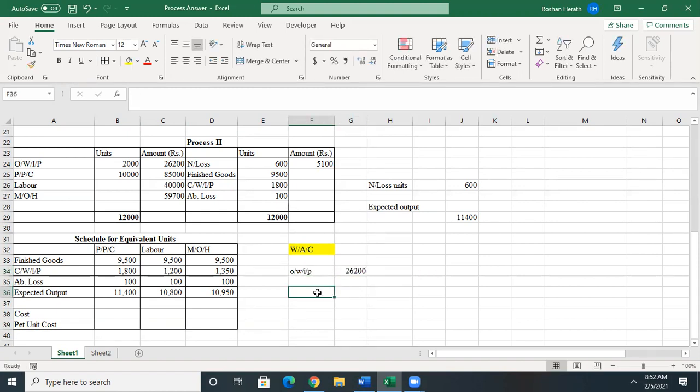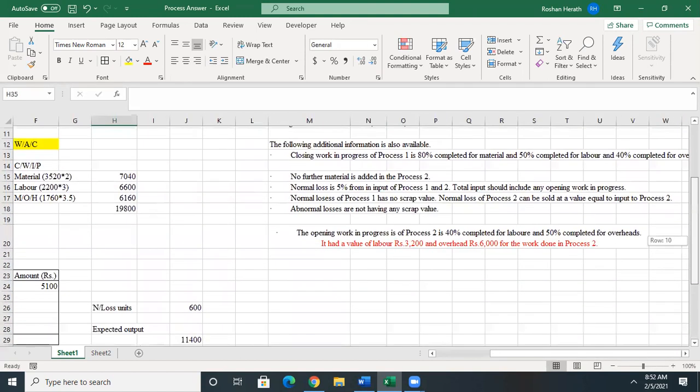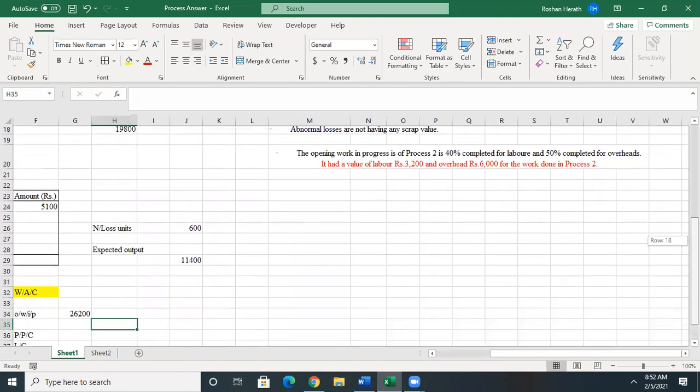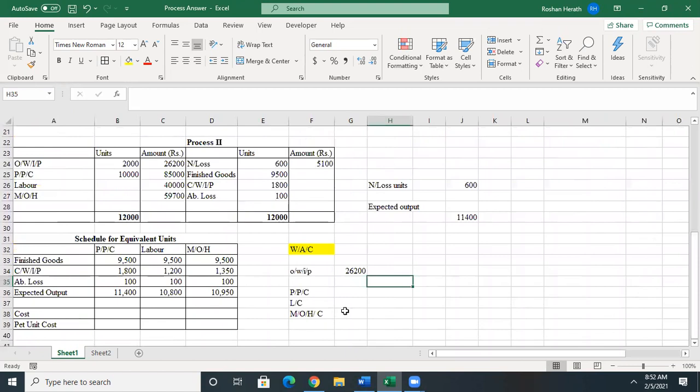If you have distinguished that among the previous process cost, labor cost, and material cost, and manufacturing overhead cost, let us look at how it goes. The question says it is 3,200 labor and overhead 6,000. Labor cost 3,200. Here we have 6,000.